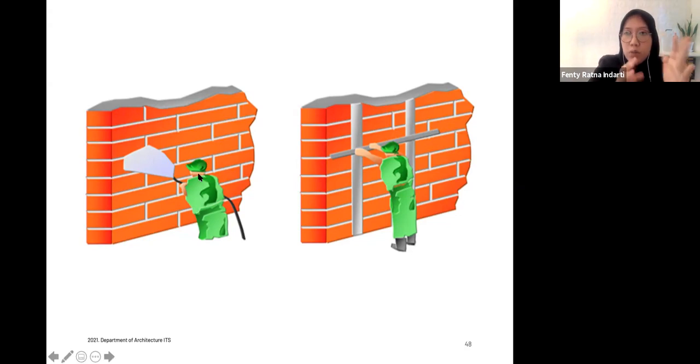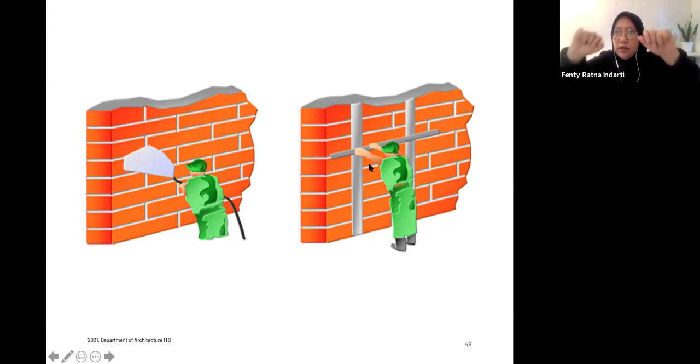When it is in a wet condition, then you add the plaster, and then make it neat using a long bar, something like that. I will give you an example of how to apply it, and then it creates a flat surface that is ready to be used for modification, such as ceramic tiles or maybe paint.